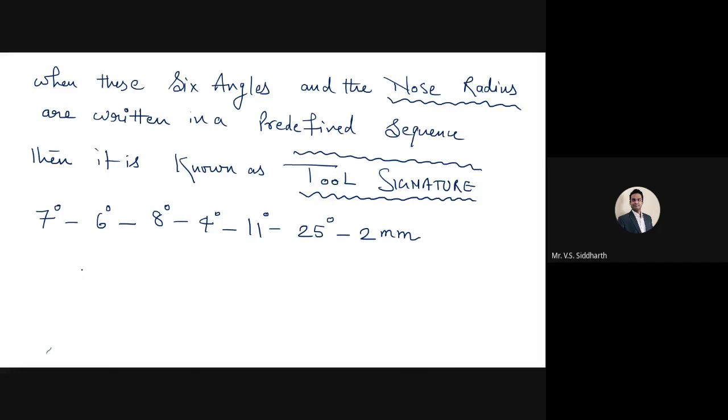So now what are all the angles? The first angle, the second angle, this is the third angle, this is the fourth angle, this is the fifth angle, this is the sixth angle, and finally this is the nose radius, which is in mm.